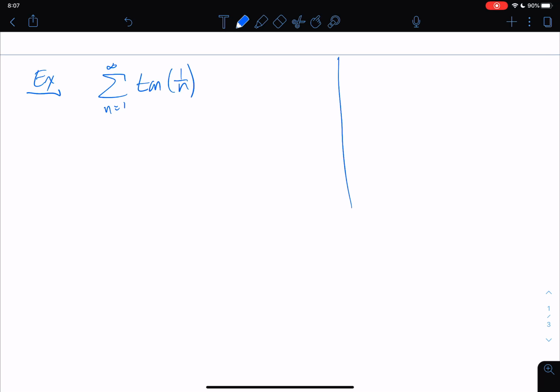You might recall that the limit as x approaches 0 of sine of x over x is equal to a 1. Note that a 1, parenthetically, is both non-zero and finite. So if we can do a limit comparison test here where we have something that looks like sine x over x where x is going to 0, then we're probably in good shape.